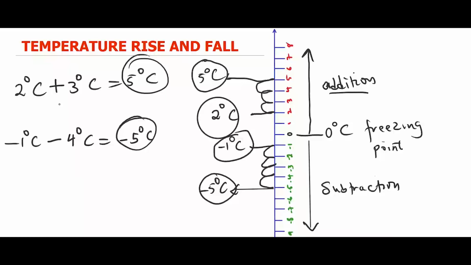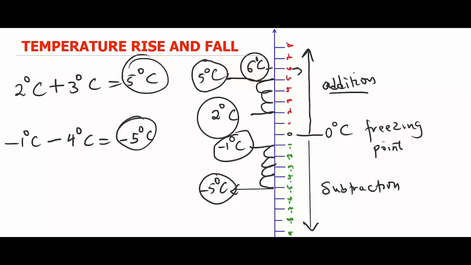Are we done? Not yet. Let's look into a temperature at 6 degrees Celsius here, and it falls 10 times. So what will be the new temperature? We are currently at 6 degrees Celsius, so we need to go down 10 times because it falls 10 times.